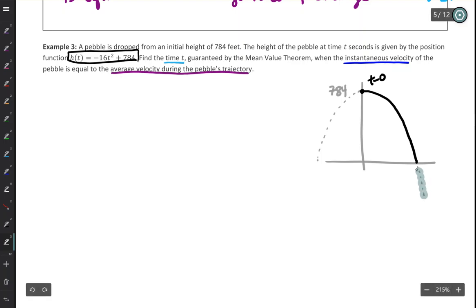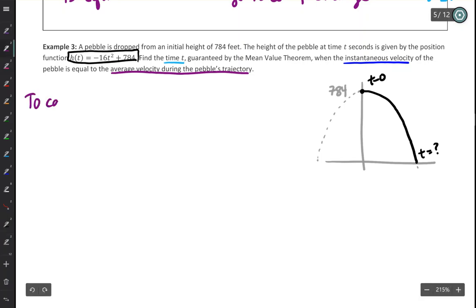So the first thing that we need to do is figure out when the pebble hits the ground, so then we know the length of the trajectory. We know what average rate of change to calculate over what time interval. Right?